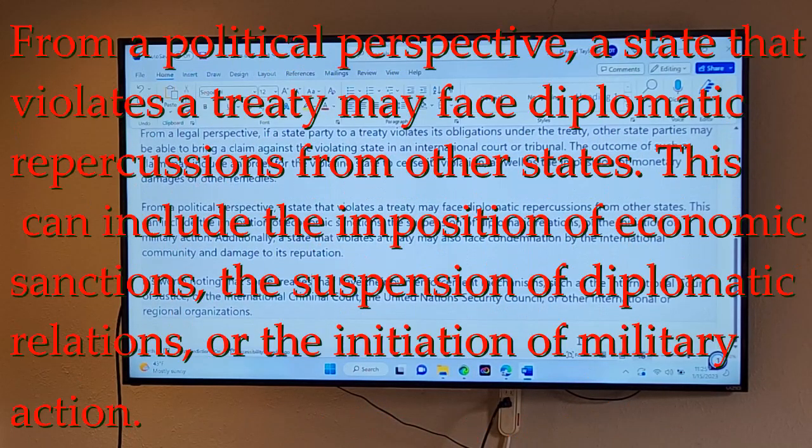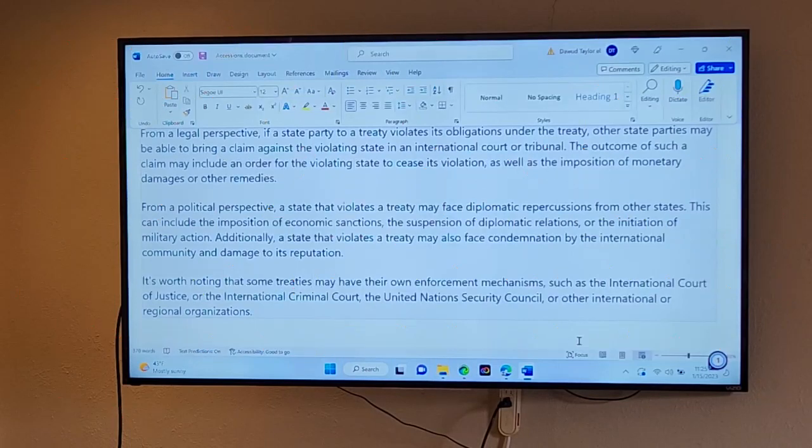From a political perspective, a state that violates a treaty may face diplomatic repercussions from other states. This can include the imposition of economic sanctions, the suspension of diplomatic relations, or the initiation of military action.